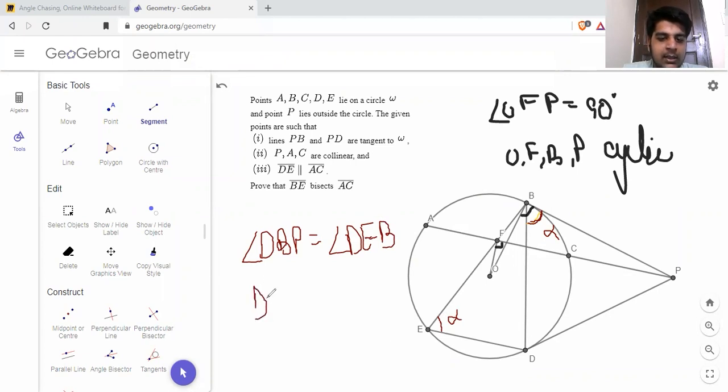And now since DE is parallel to AC, using this condition, and EF is a transversal, by corresponding angles we get this is also alpha, right? Now notice that since the lengths of the tangents are equal, BP equals DP.